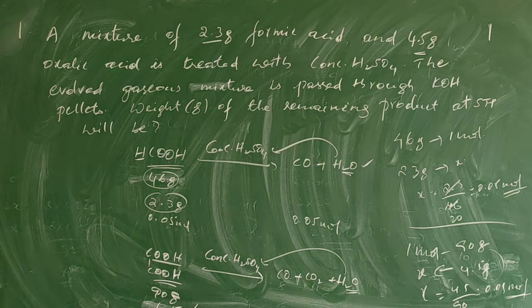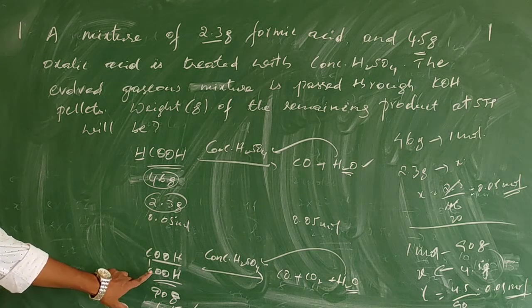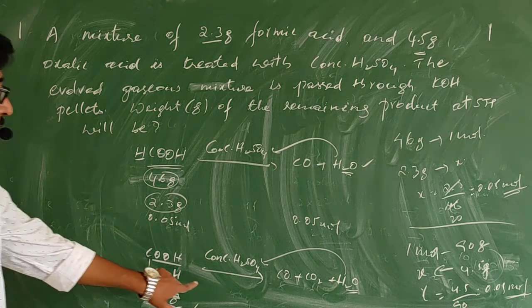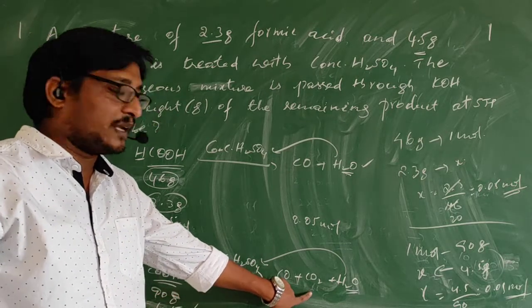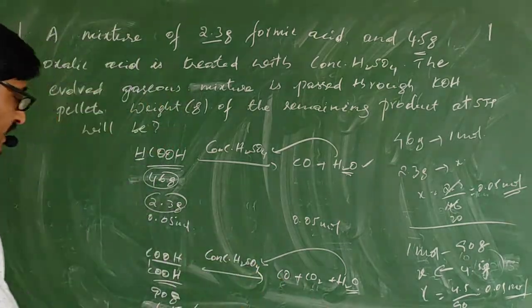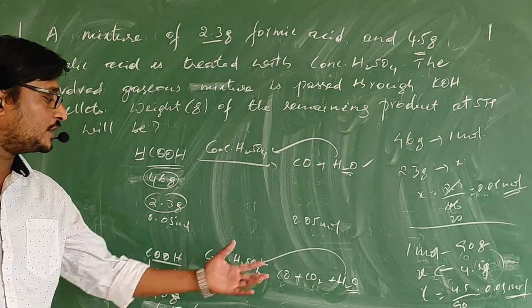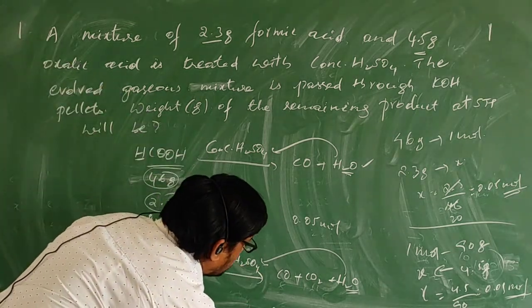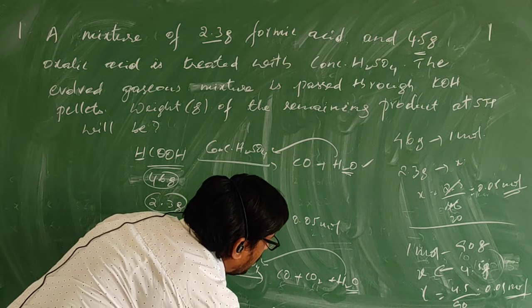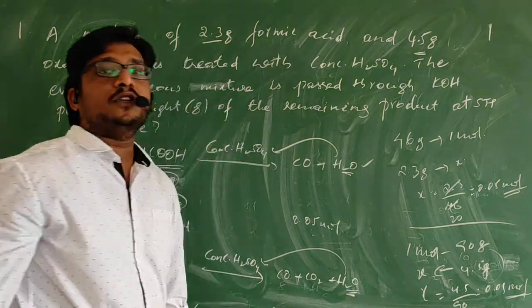So if you see this, 1 mole of oxalic acid can form 1 mole of carbon monoxide, 1 mole of carbon dioxide, 1 mole of H2O. In the same way, 0.05 mole will produce 0.05 mole of carbon monoxide, 0.05 mole of CO2 and 0.05 mole of H2O.